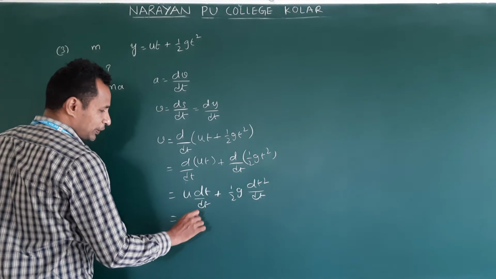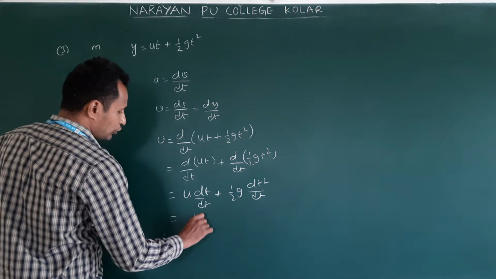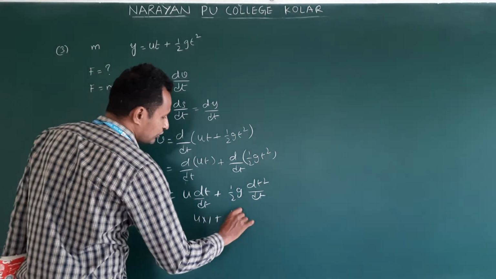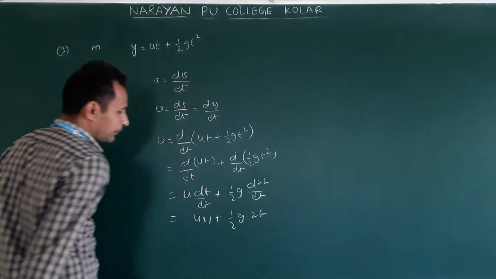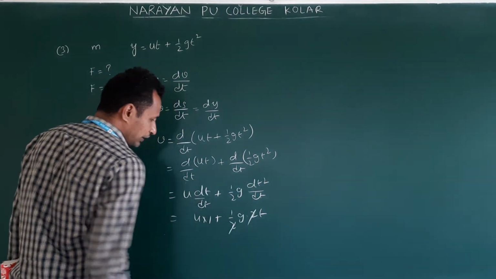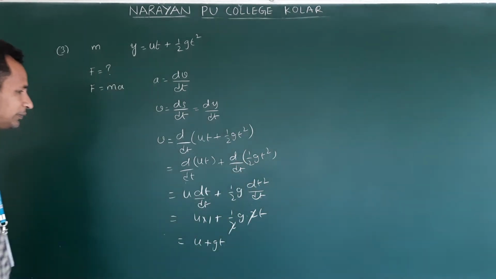Differentiation of t with respect to t is 1, just as dx by dx is 1. So this is u into 1 plus half g, and differentiation of t square is 2t. This 2 cancels, so u plus gt.